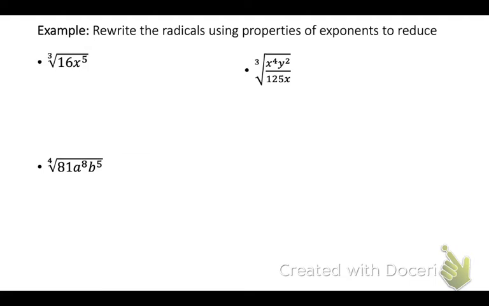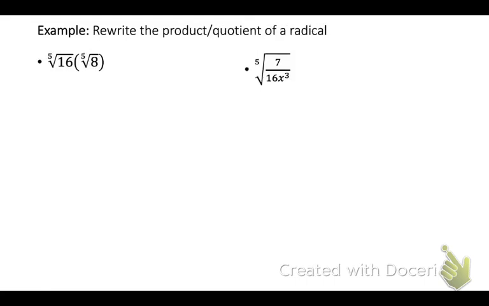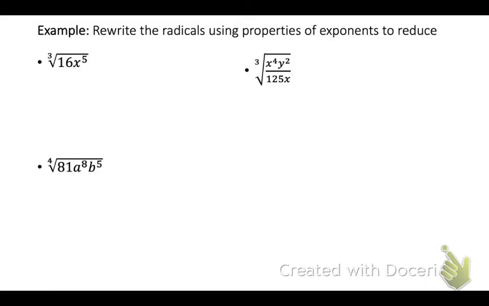So, if I'm going to have to reduce, I should probably break down 16, shouldn't I? 4 squared, how about 2 to the 4th? Isn't it 2 to the 4th? Yeah. And then x to the 5th, and it's all to the what?